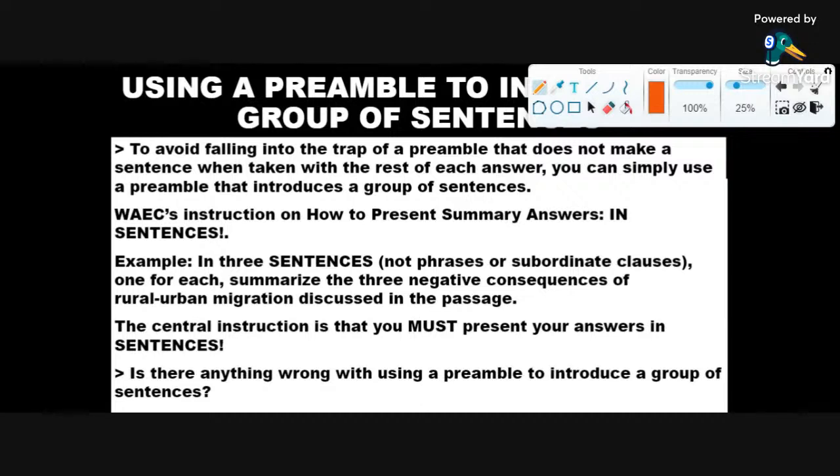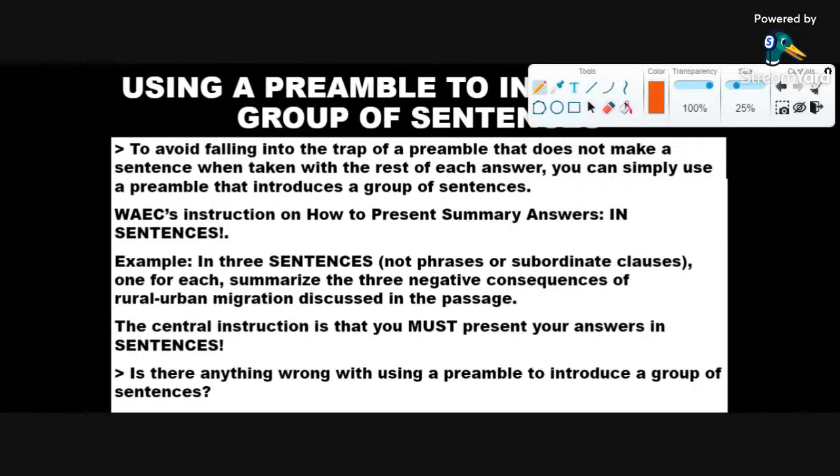And a preamble is simply an opening statement explaining what follows. When you create a preamble, you are using it as a vehicle to convey your answers to the examiner who is going to mark your script.